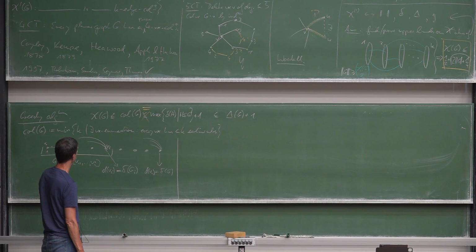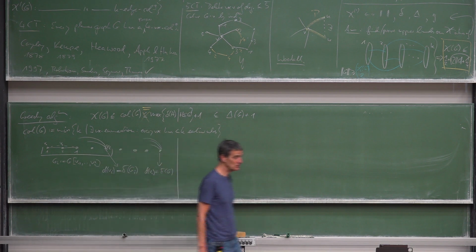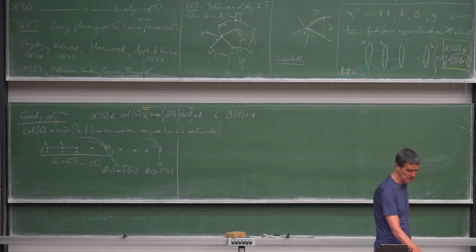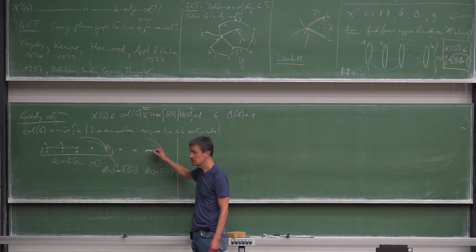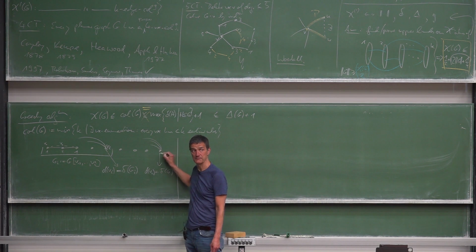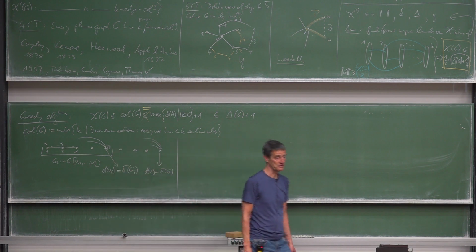So this in particular shows that our choice of an enumeration by going backwards and always choosing a vertex of min degree of what's left is in fact an optimal choice.